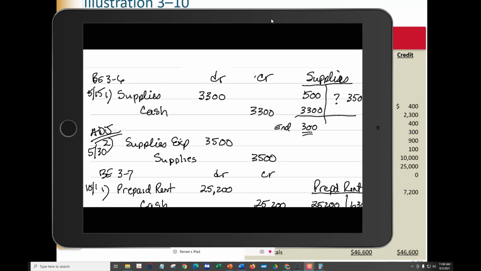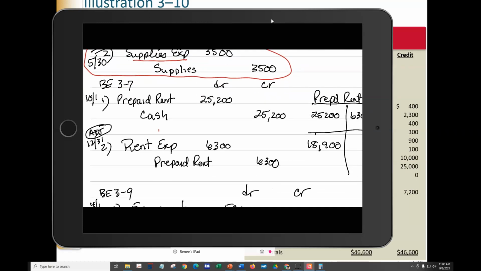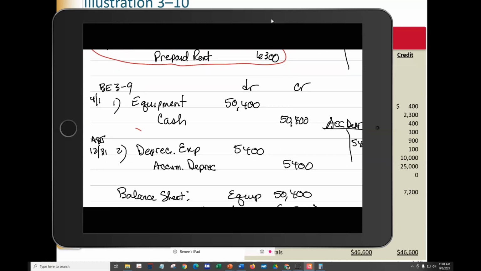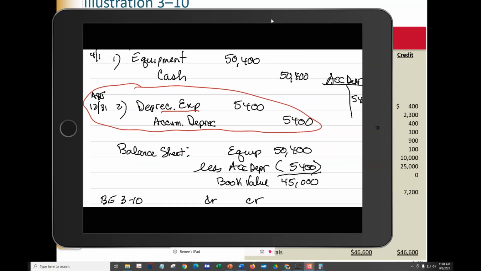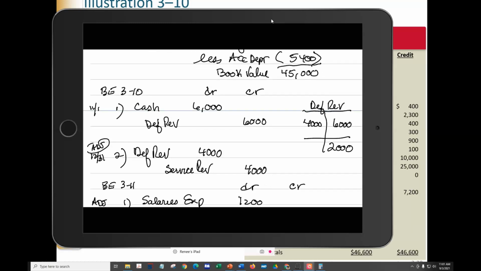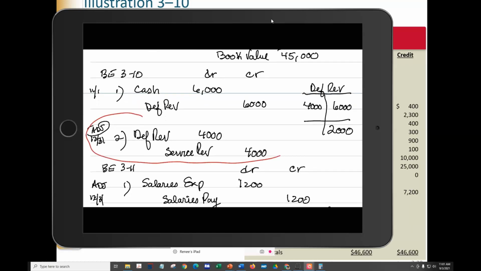So we did, let me just get a different color here, because I want to show you. This is an adjusting entry. Notice, we debited an expense. This is an adjusting entry, and we credited a revenue.